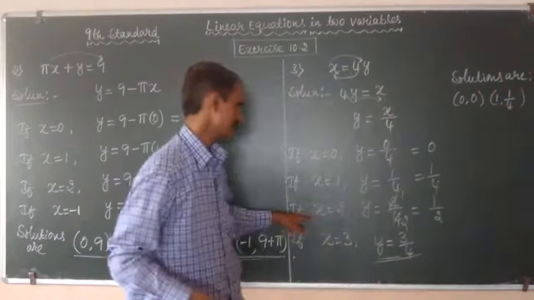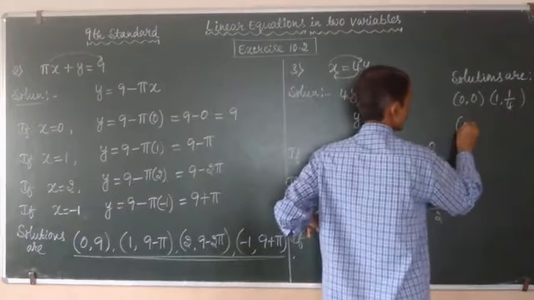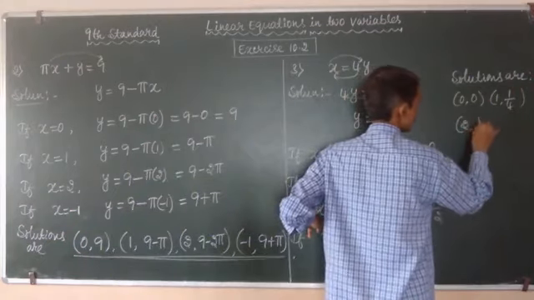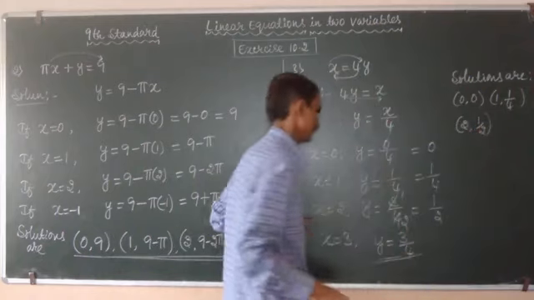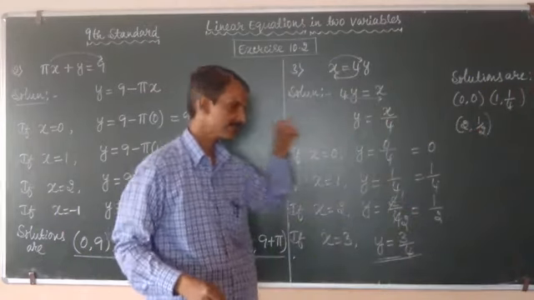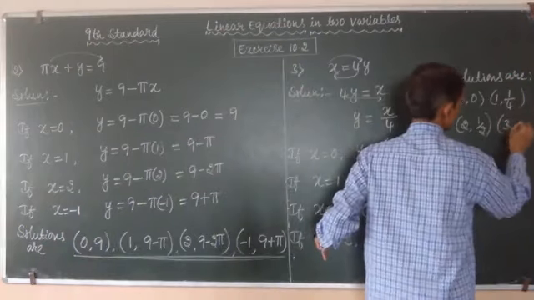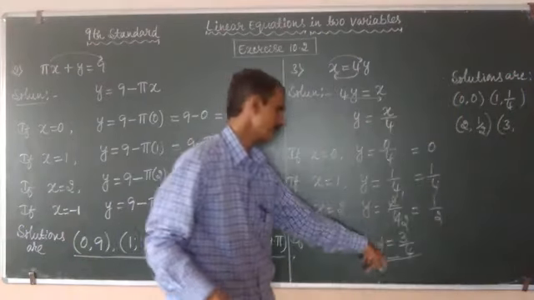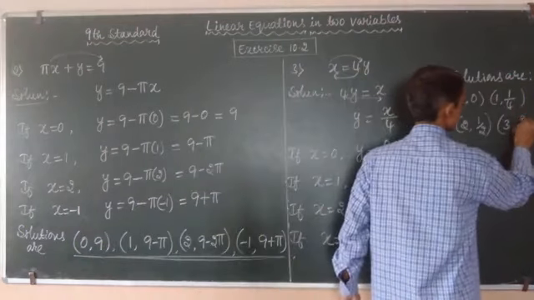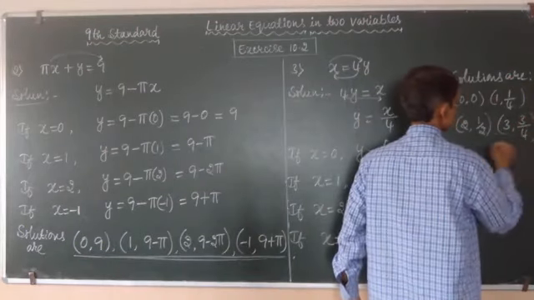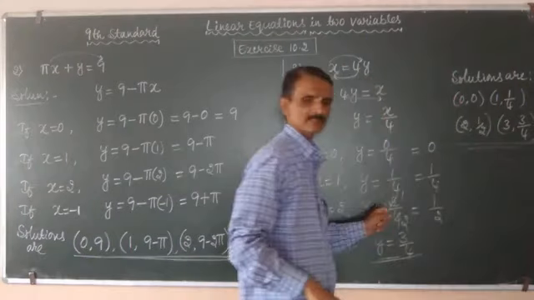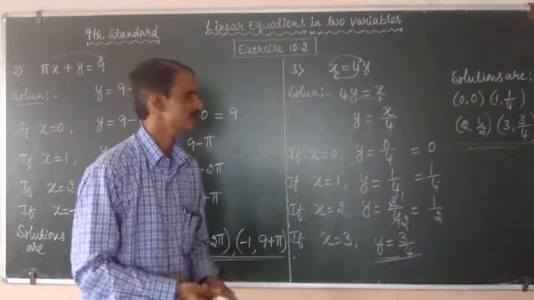If x equals 2, y equals 1 by 2, which is the simplified form. If x equals 3, the value of y is 3 by 4. So these are the solutions of the given linear equations.